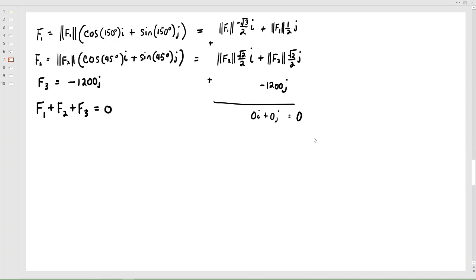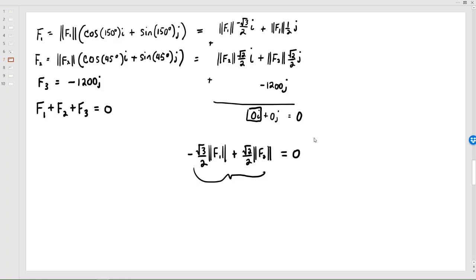So in this case, I'm going to have to take negative square root of 3 over 2 times the magnitude of F1, plus square root of 2 over 2 times the magnitude of F2. And these are the parts that I'm going to add together to get the i part, which needs to be 0. So if this adds up to 0, I have 0i.